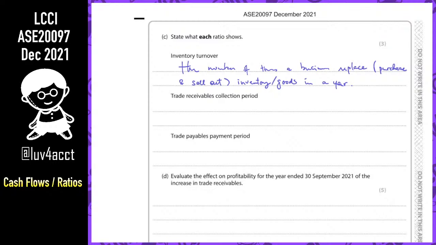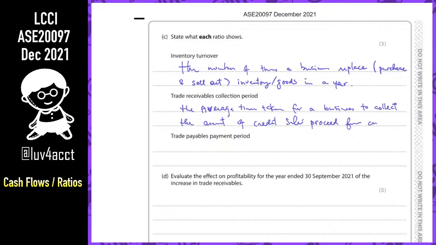Trade receivables collection period. Usually we say the average time taken for a business to collect the amount of credit sale proceeds from customers.